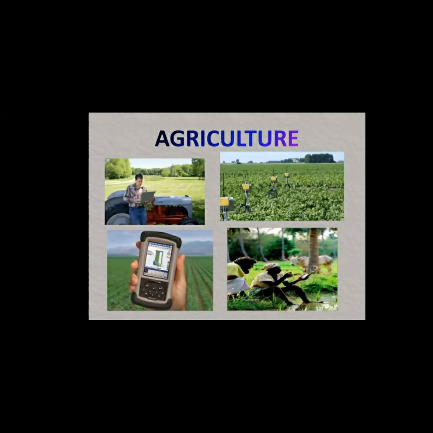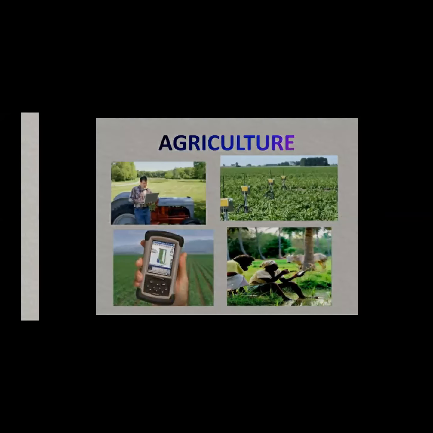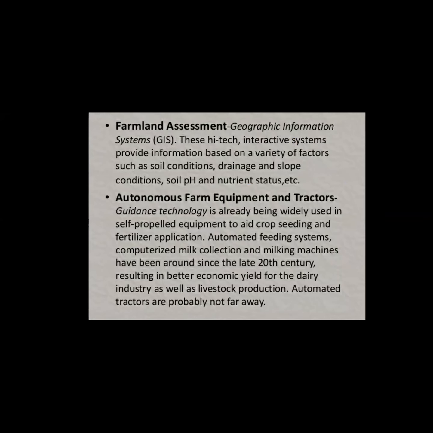You can use the computer to test the soil sample. We use it for farmland assessment, the geographical information system. That is when you are talking about the soil condition, drainage, slope, soil pH, and nutrient status. We use computer to make an assessment of the soil.